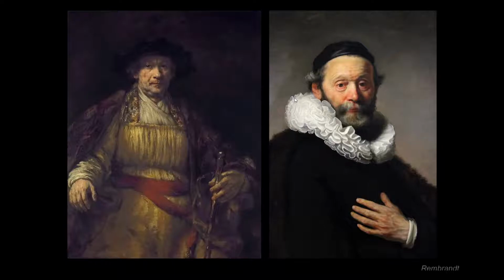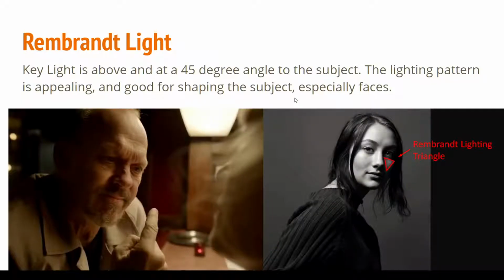And again, that's not something that's at all necessary for you to do this, but it's a common thing that people try to get to make appealing light structure on the face. And remember, we're talking about lighting structure and shaping our characters with light. And this is really popular and really common because that angle is a really good angle for getting a nice shadow and light shape on the face.